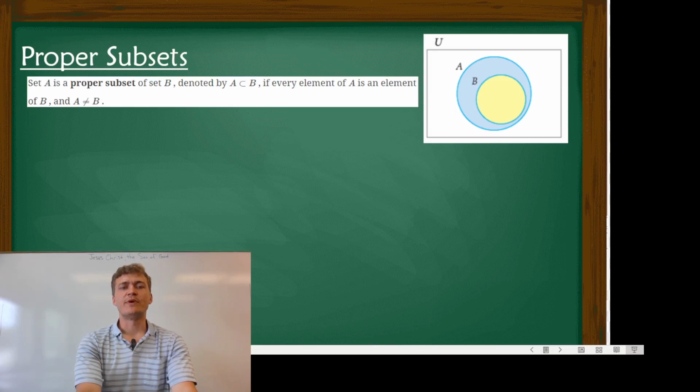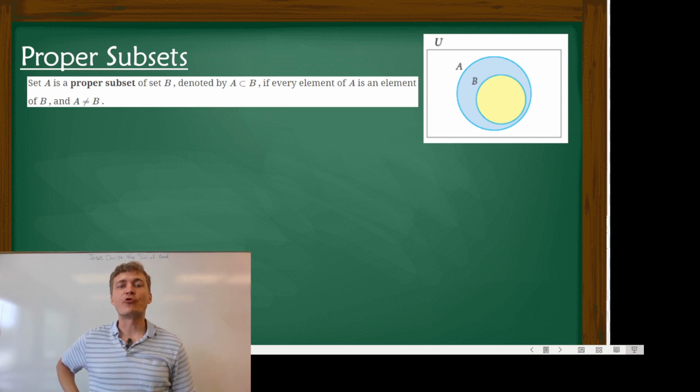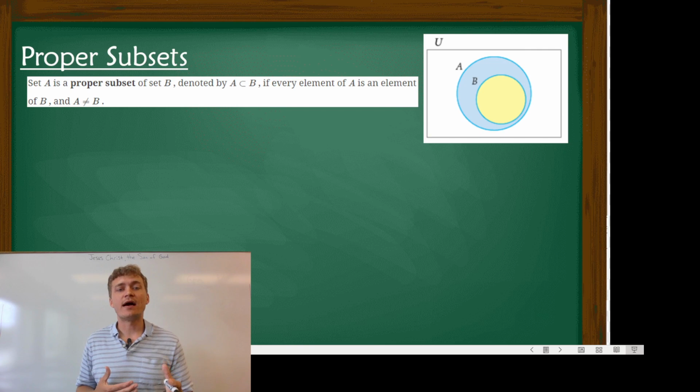The next discussion will be regarding proper subsets. A proper subset, denoted as above, notice it looks similar to the subset notation, but we do not place the horizontal line below. We have here that A is a proper subset of B if every element of A is an element of B and A cannot equal B. Well, that's interesting because we've already looked at 2 examples where we list every single subset that we can possibly have.